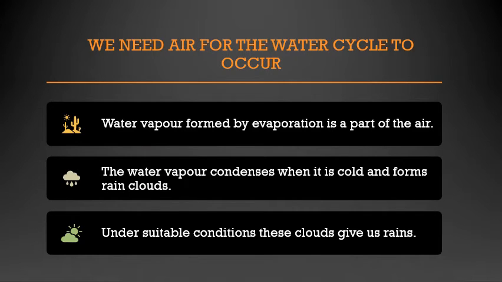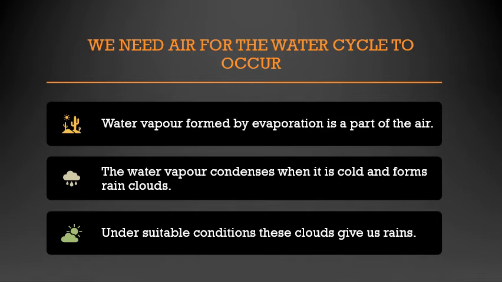Next is, we need air for the water cycle to occur. How important the water cycle is! It happens with the process of evaporation and precipitation, isn't it? The water vapor formed by evaporation is a part of the air. The water vapor condenses when it is cold and forms rain clouds.